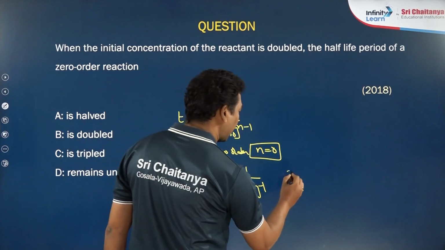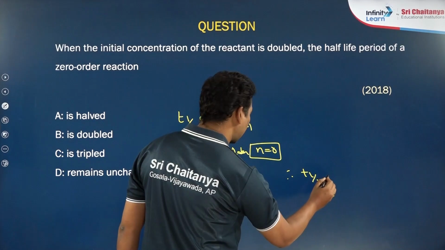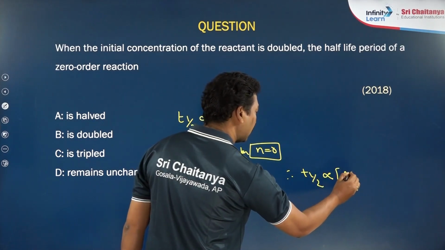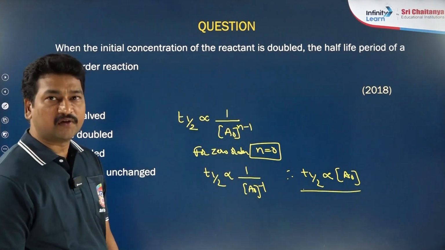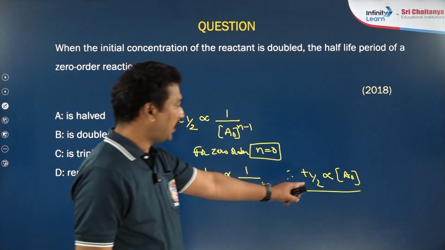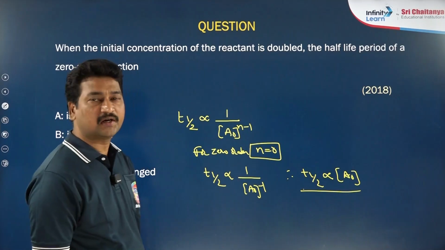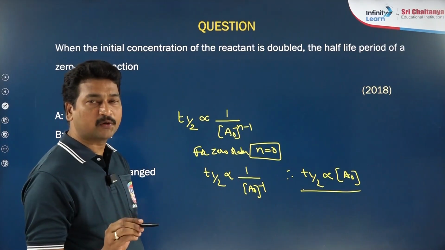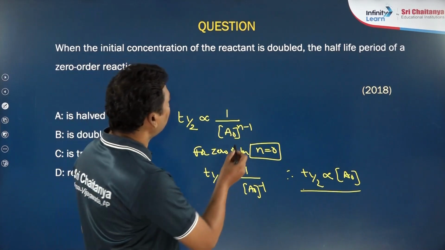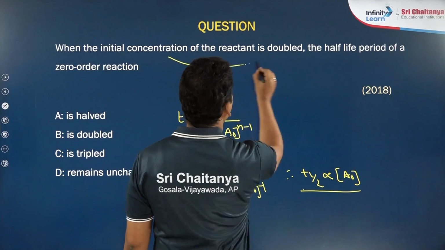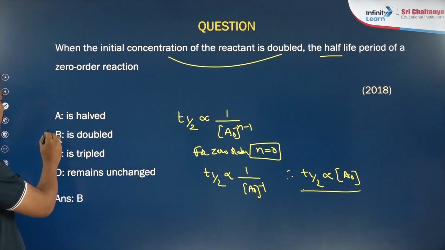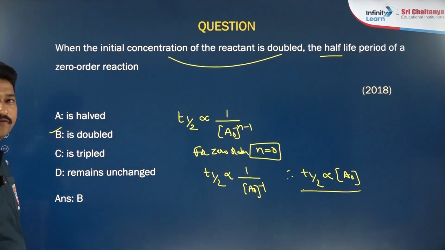Therefore, we can write T half is directly proportional to A naught, the initial concentration of the reactants. Only for zero order, T half is directly proportional to the initial concentration. When the initial concentration is doubled, half-life becomes doubled for zero order.